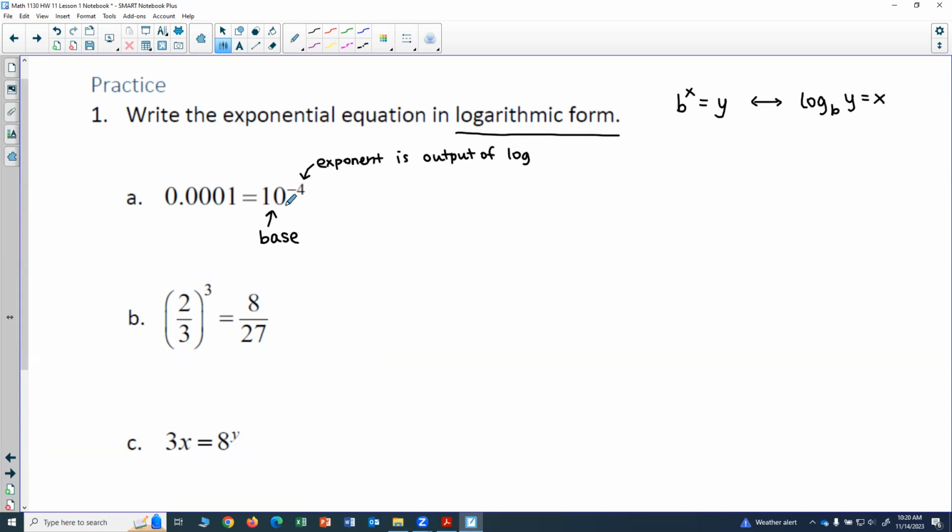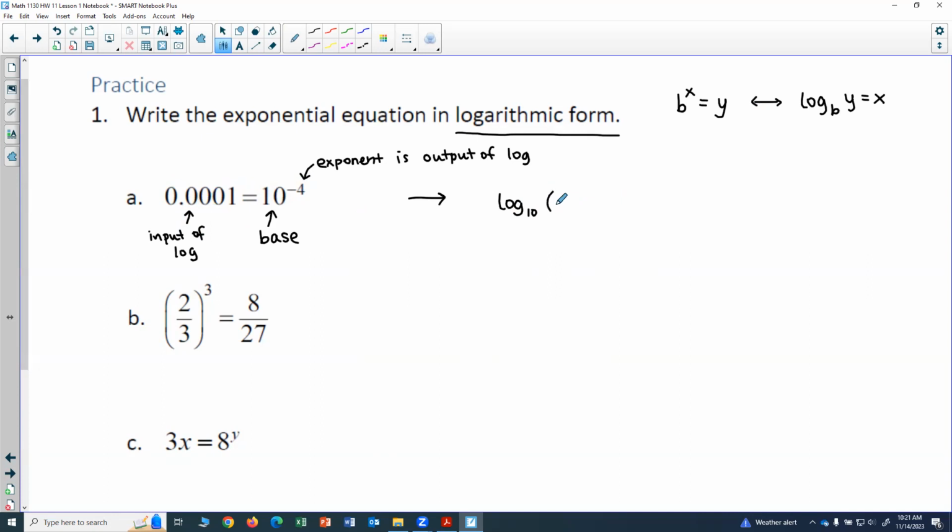So the base is going to be 10 here. And then the output of the exponential function is going to be the input of the log equation. And so the log equivalent of this is going to be log base 10, because the base is going to remain the same base as my exponential. The output of the exponential equation becomes the input of the log.